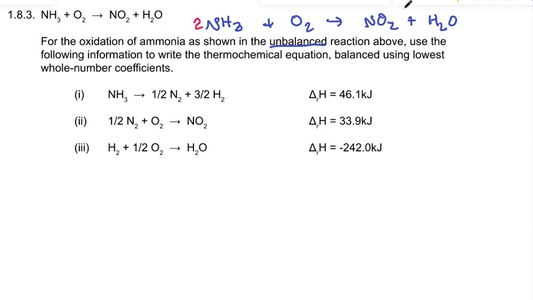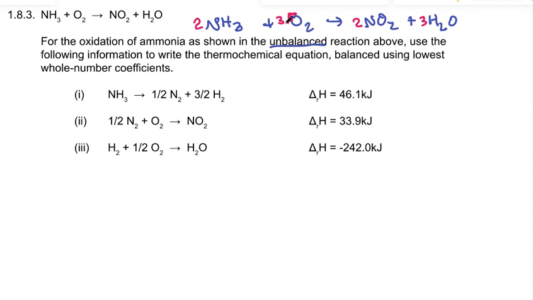That's 6 hydrogen. And that's 6 hydrogen. But now, having done that, I also have 2 nitrogens. So we'll need a 2 here. And what does that do to our oxygen? We have 4 oxygen here, plus 3 more is a total of 7 oxygen. So you could put 3.5 in that spot.